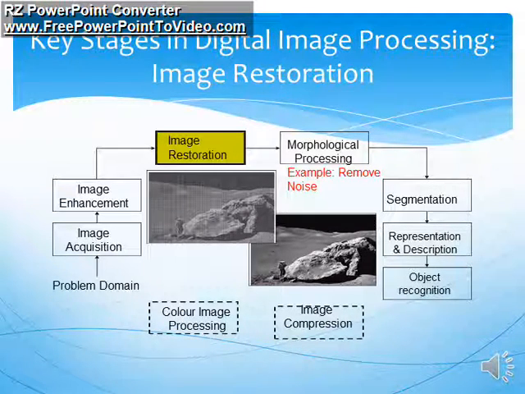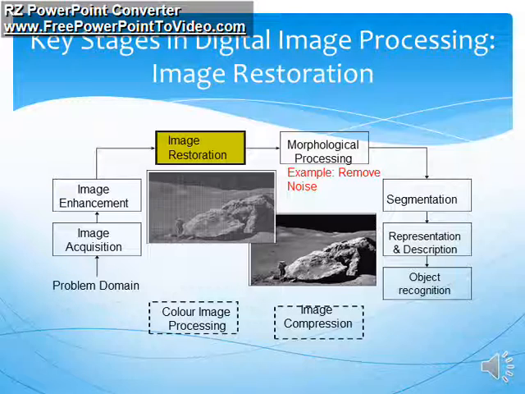Now this is the key stage in digital image processing, which is known as image restoration. Here we can see this is the third step, where the first step is for the problem domain. The image is being acquired, because image acquisition is the process by which we can acquire some image, and on that particular image we will do the operations.